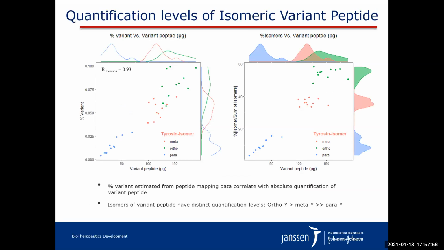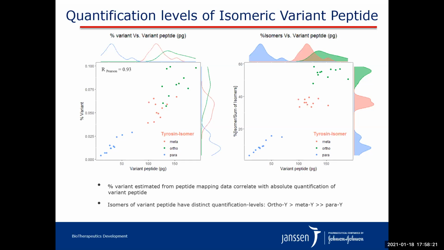We then compared the absolute quantification estimate with the relative estimate we obtained by peptide mapping. The scatter plot on the left shows the percent variant peptide estimated for each of the three isomers as a function of the absolute amount of each clone obtained from the calibration curve. The data shows good correlation between the variant estimates of a peptide map with absolute quantitation.